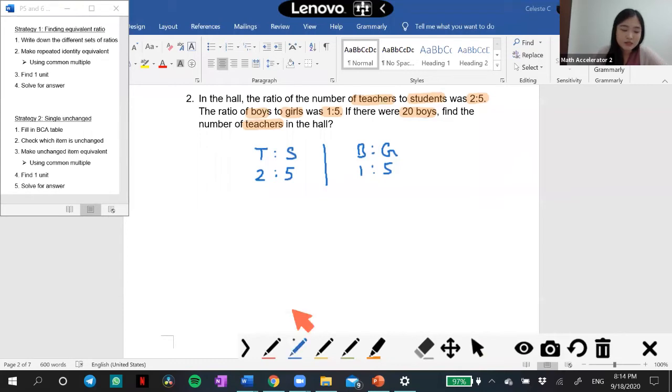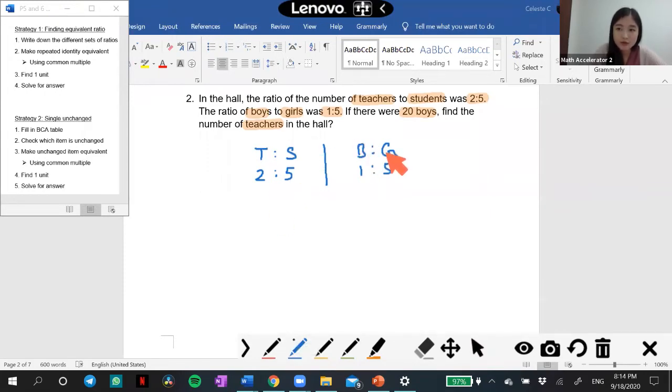Right, then what's next? Is there any repeated identity here? You have teachers, students, boys, and girls. So we have to make the repeated identity ourselves.